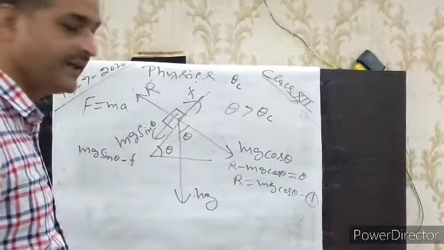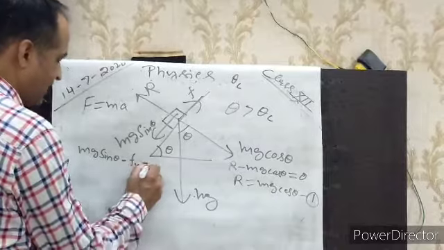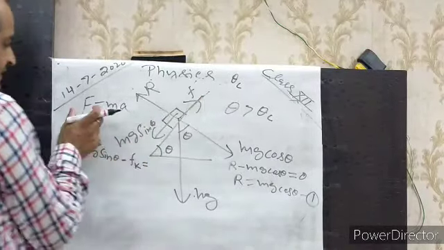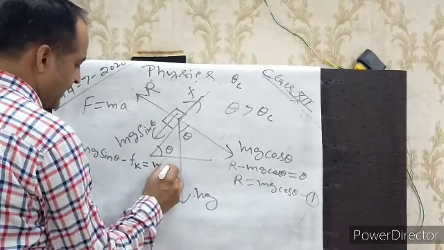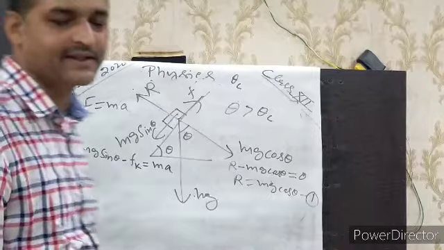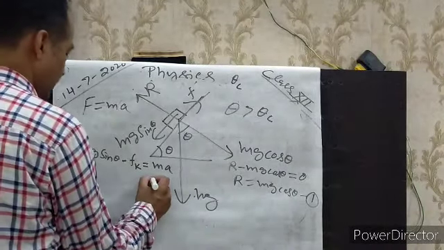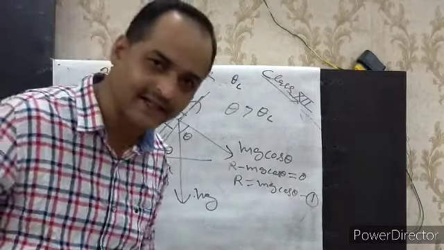Fk, because the body is moving, so we have to take kinetic friction. Net force F is mg sin theta minus Fk, and this is equal to ma, because the body is moving in this direction. This is equation 2: mg sin theta minus Fk is equals to ma. Is it clear to you?